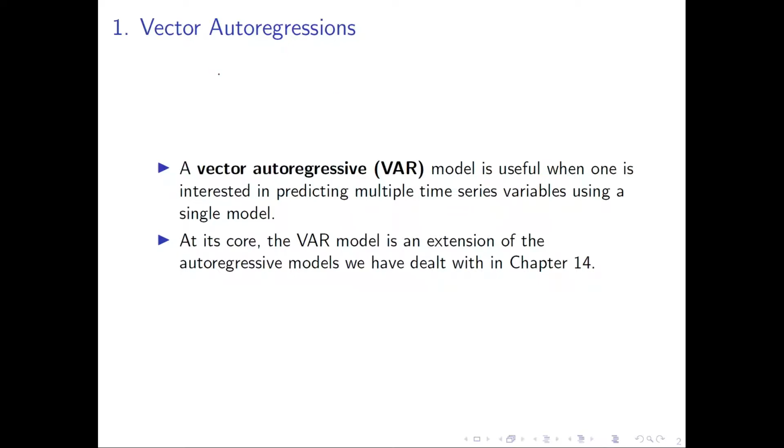Let's say you have a time series yt and you have a time series xt, and maybe you have a time series zt. And previously we have made some autoregressive models where we use their own lags to explain this time series process, and we have used the lags of other models to explain a time series process of yt.